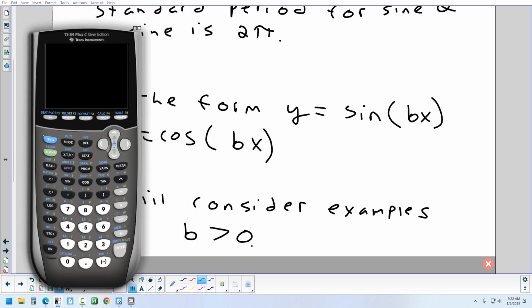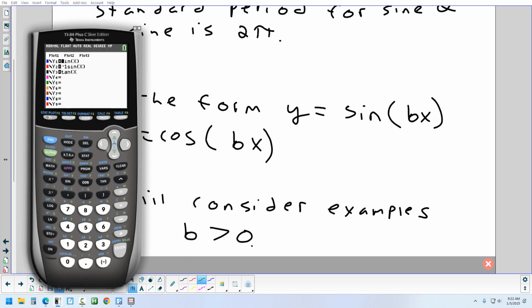So now if I graph the original, sine x, and then I do sine 5x, what do you think the 5 is going to do? It's going to stretch it vertically or horizontally. You think it's going to stretch by a factor of 5 horizontally?